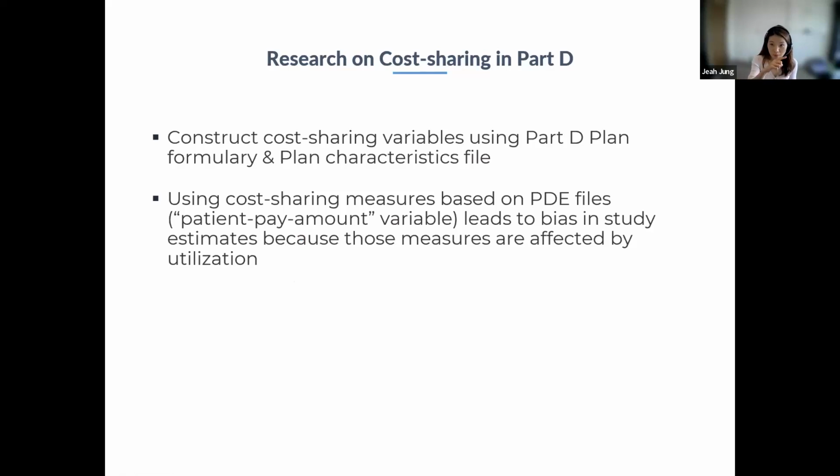You look at the impact of price on quantity, but your price is constructed based on quantity. So you won't be able to get unbiased estimates, or isolate the impact of the price. Since we now have formulary files for Part D plans, I strongly recommend you consider using formulary files if you are interested in cost sharing.